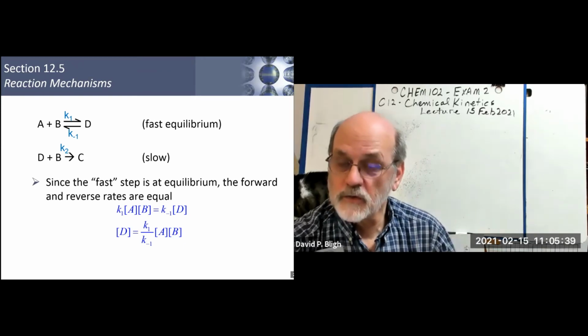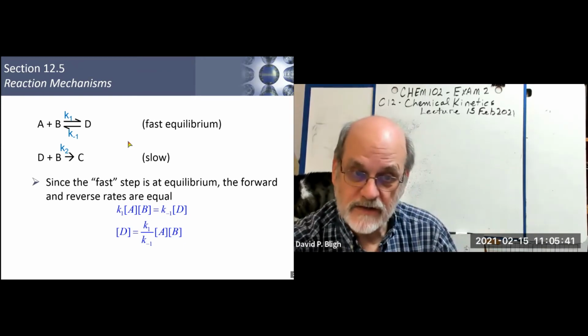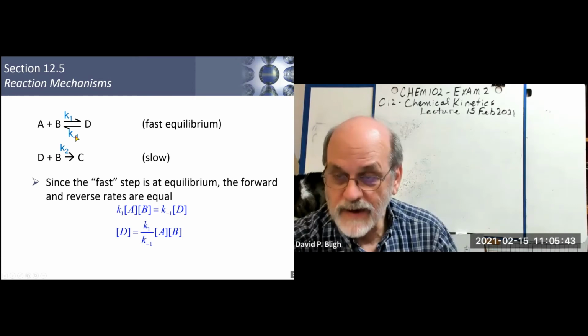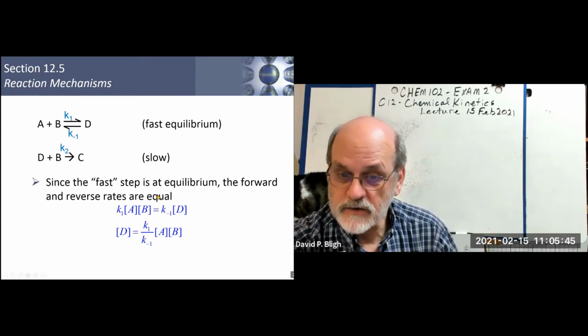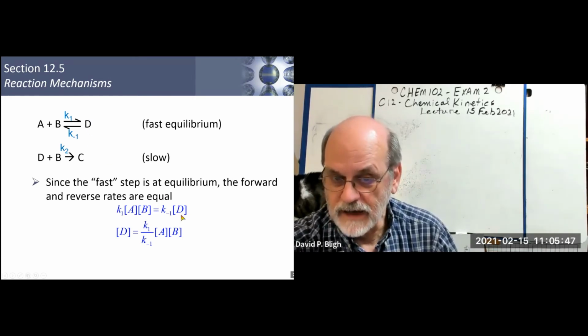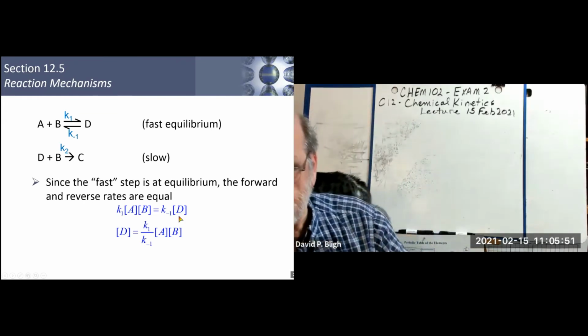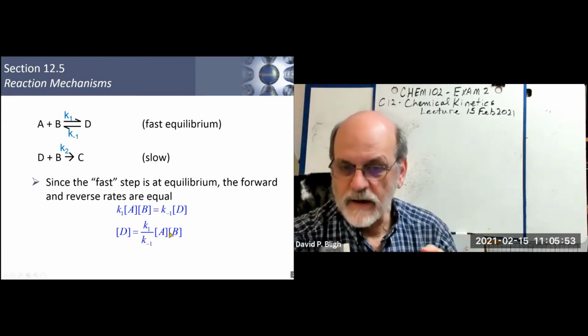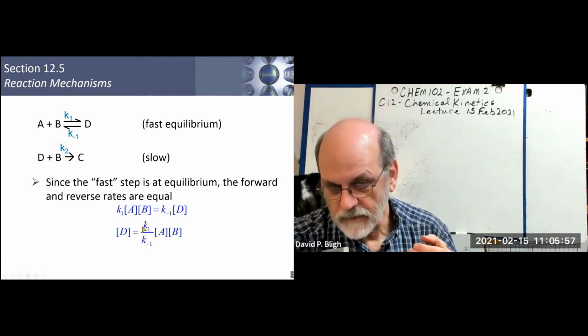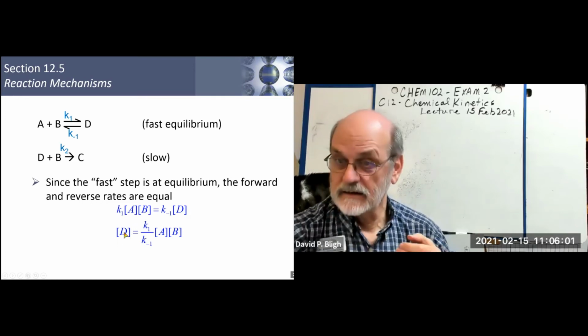Well, it's equal to the rate for the reverse reaction, which is this one, K minus 1 times the concentration of D, right? So those two are equal, forward and reverse. It's an equilibrium. And then we solve for D, right? So we get this term here derived from this equal to D.